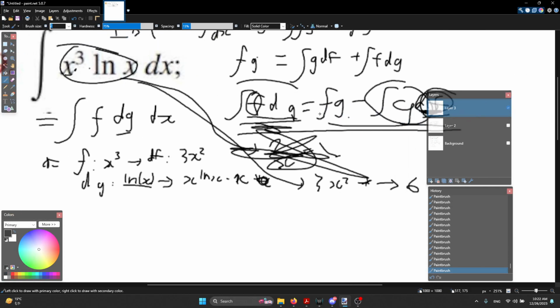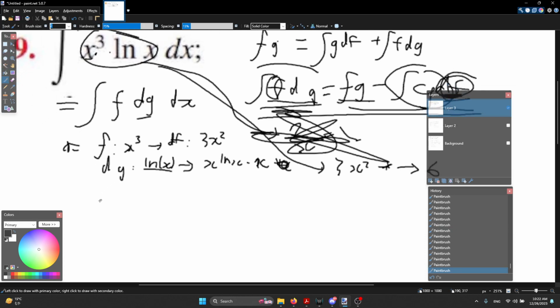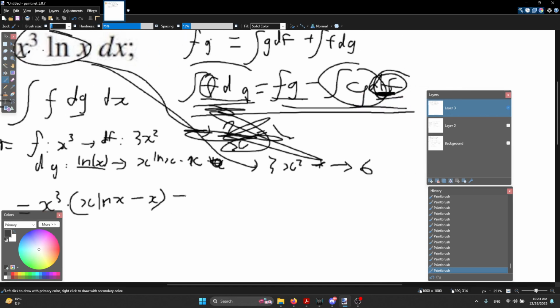So we have this formula right here. f times g is what? What is f? So f is this, right? What is g? This is not g. This is g. Okay. Times x to the power of natural log. Oh no. x times natural log of x minus x. Okay, cool. And then we minus the integral of g df, right?